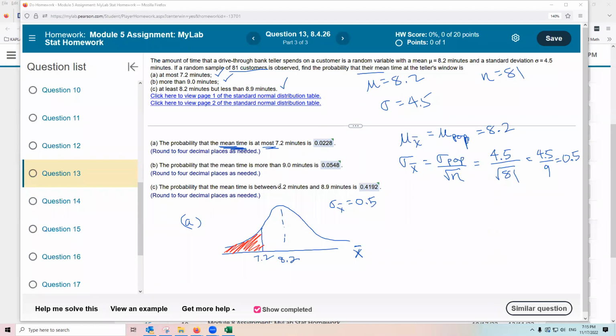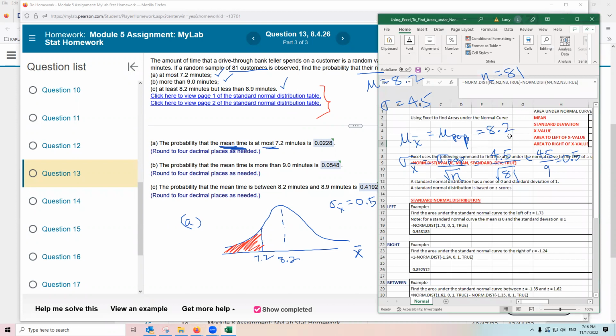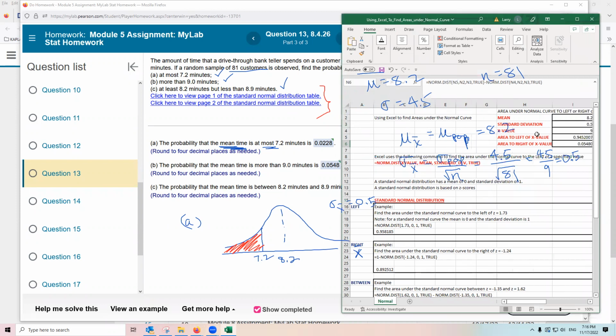Well, for this, I could use these tables, but a little bit of a shortcut is to use Excel, because Excel has a command called norm.dist. And I actually sent out an Excel file to help with this kind of calculation. Let me go to this Excel file. This is posted in course announcements.